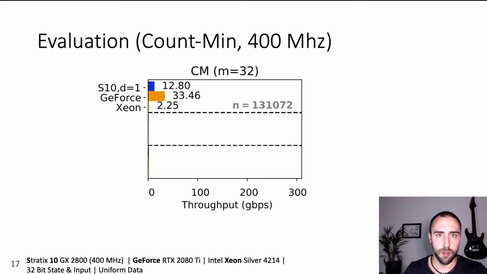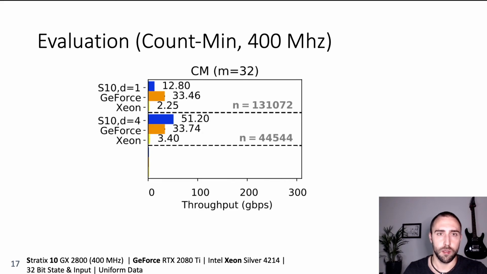The reason for this is that the GPU implementation exploits data parallelism aggressively, while the FPGA accelerator only consumes one input value per clock cycle. If we replicate resources to consume 4 input values per clock cycle, things look a little different. Now we're able to outperform the GPU because throughput has increased by a factor of 4.